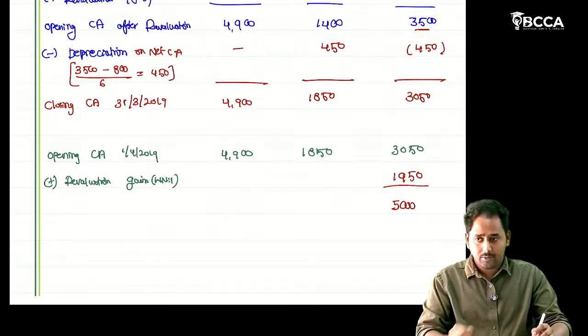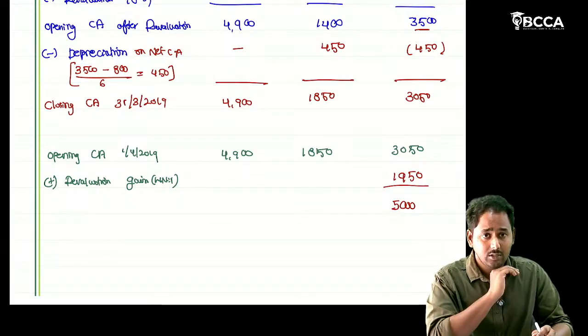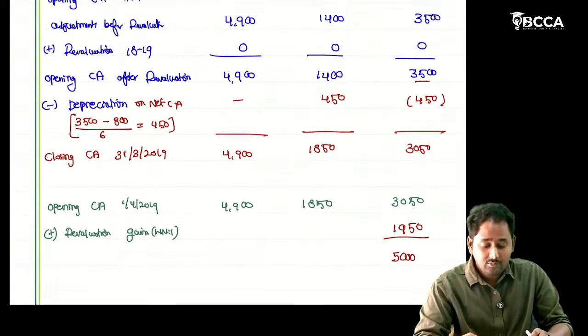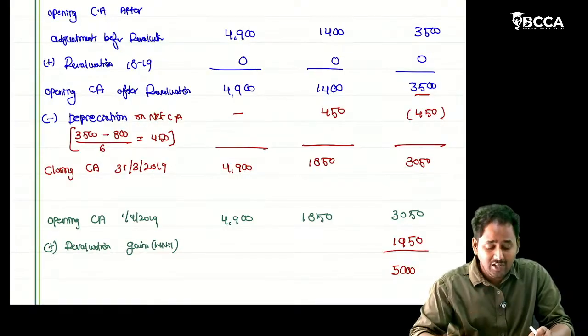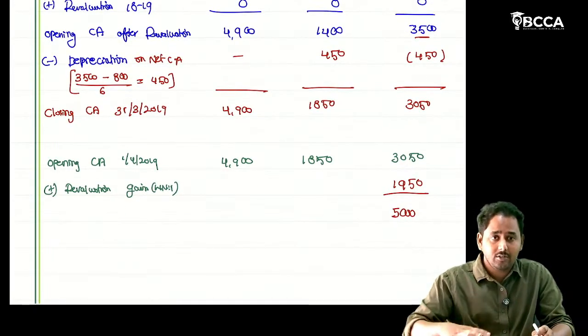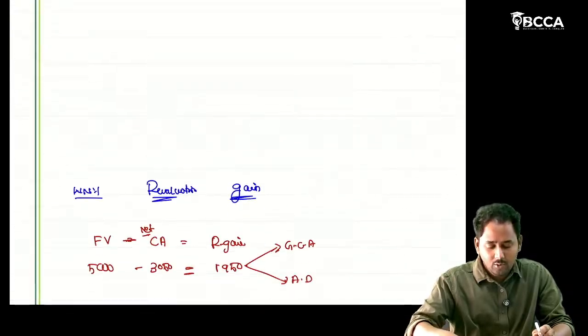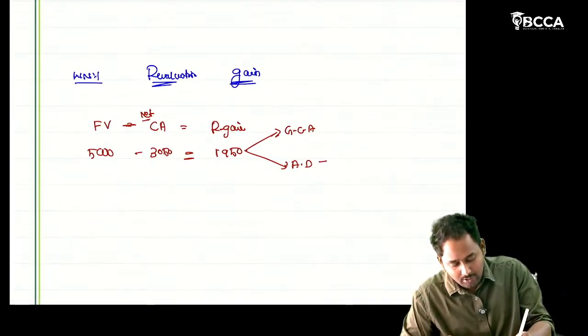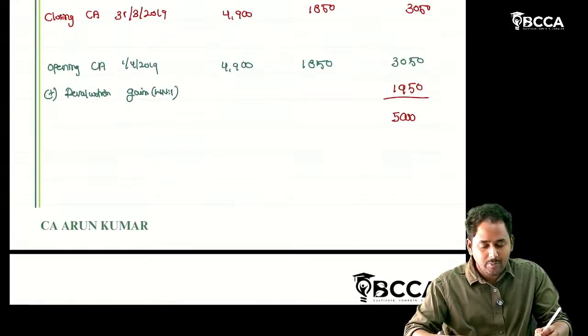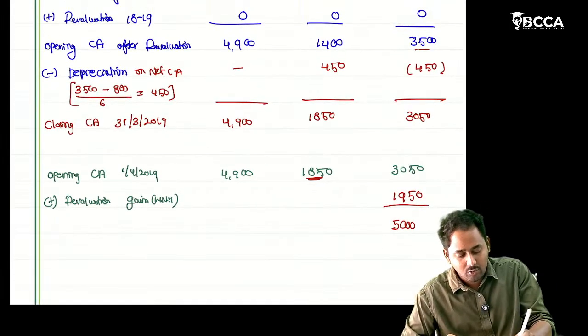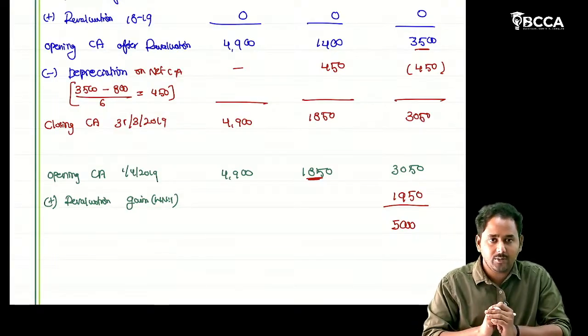Here I am following approach 2, that is the complete elimination approach of accumulated depreciation. First I need to use the entire accumulated depreciation. How much balance is there in accumulated depreciation? 1,850. First use that amount.